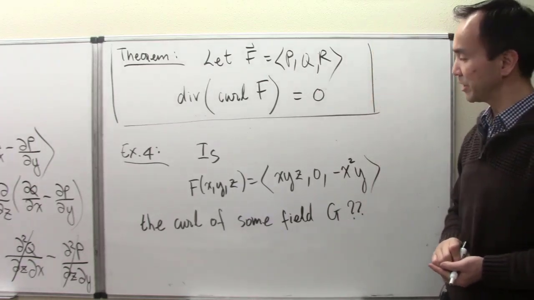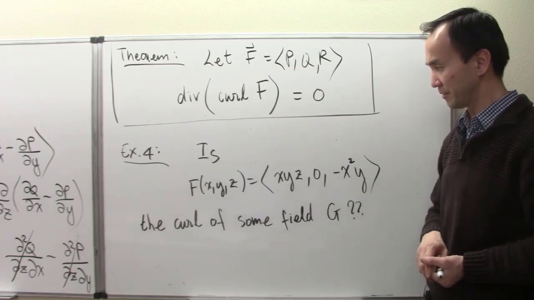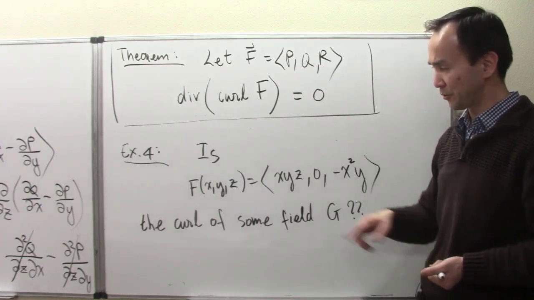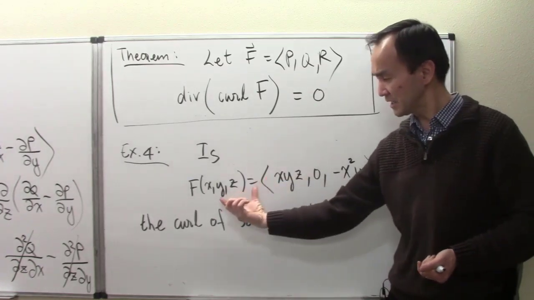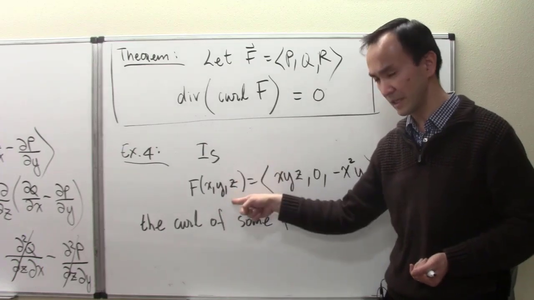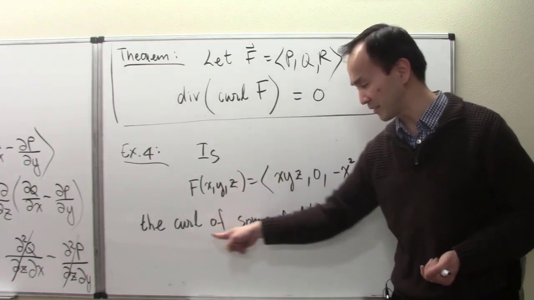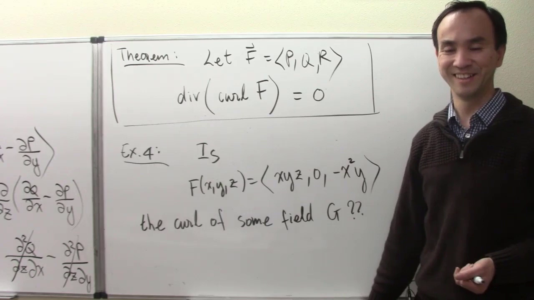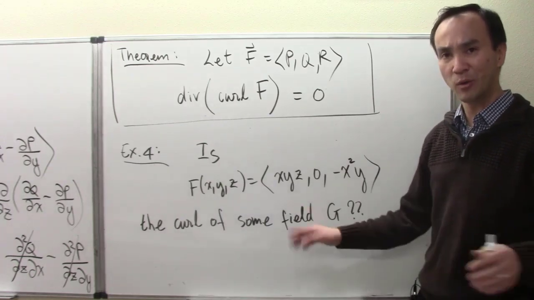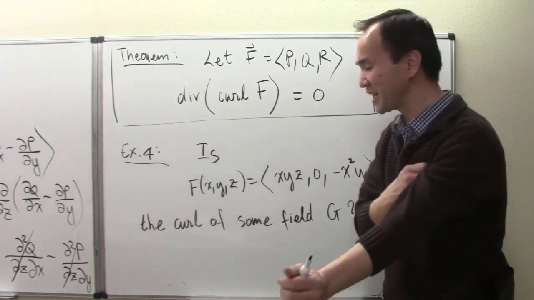All right, so here we go. That's our example right here. In this example, we simply want to find out, with this given vector field, is this vector field the curl of some other field G? The only way to answer yes or no to that is to take the divergence.